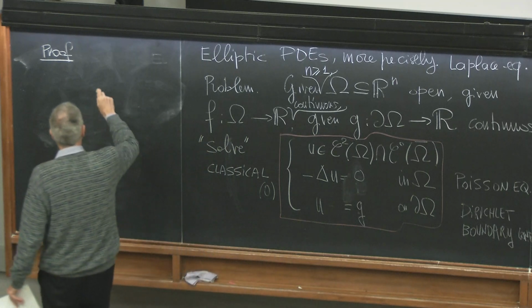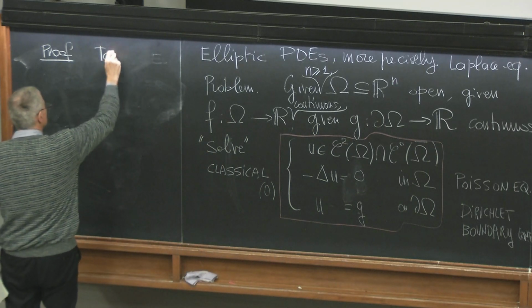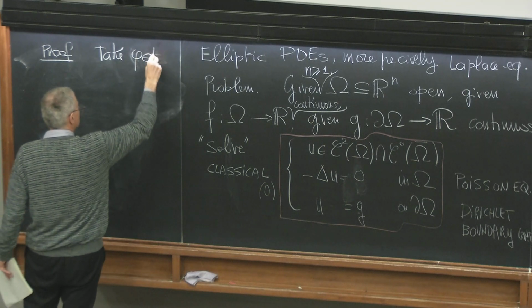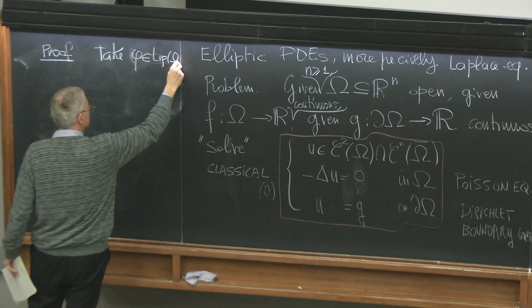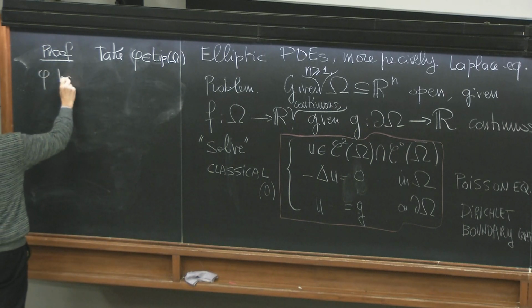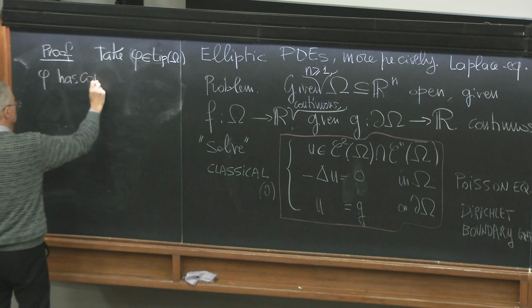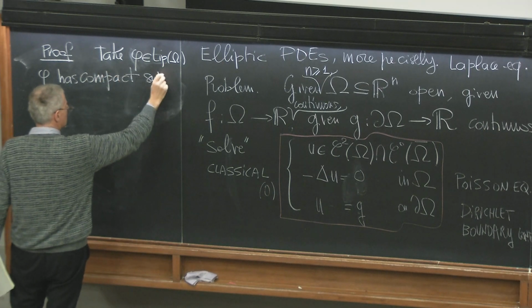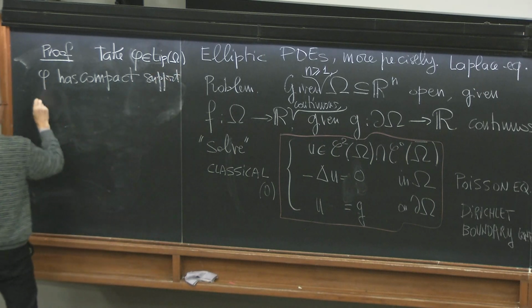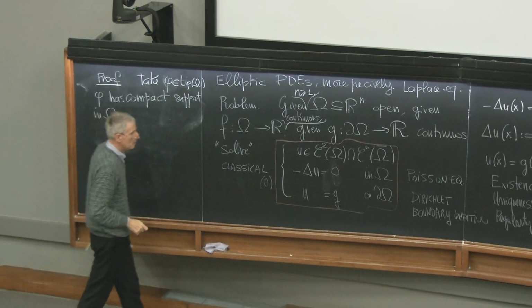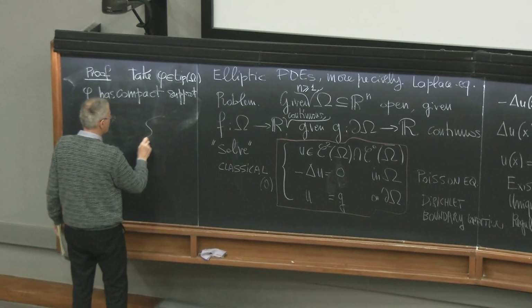So take phi Lipschitz in omega, and suppose that phi has compact support in omega. Okay, so what does it mean? Let's draw a rough picture.